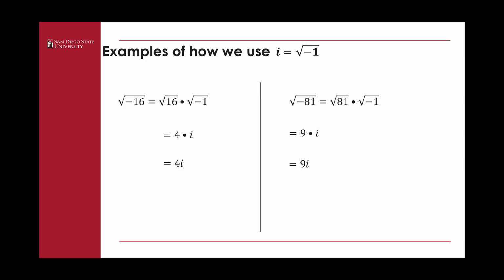So the square root of -16 is equal to 4i. On the right side, we have the square root of -81, and in the same way, we can write this as the square root of 81, which is 9, times the square root of -1, which is i. So the result would be 9i. So 9i is exactly the same as the square root of -81.